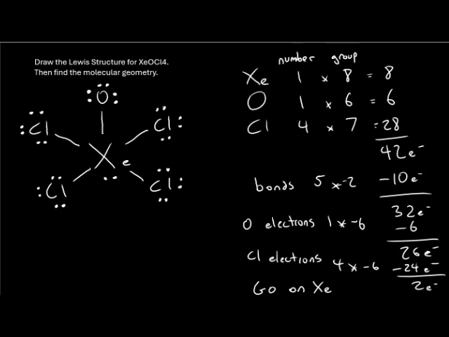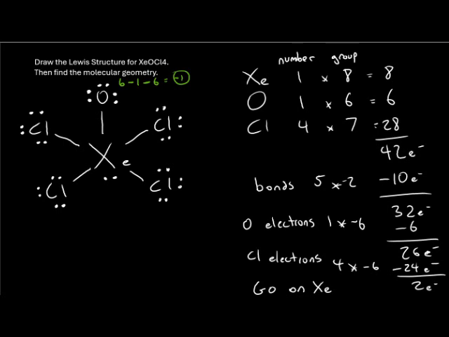Now we'll calculate the formal charge. We'll start with oxygen. Oxygen was in group 6, minus 1 bond, minus 6 electrons. If we do the math, we'll get -1. Then we'll do chlorine. Notice all 4 chlorines are identical, so we only have to run this calculation once.